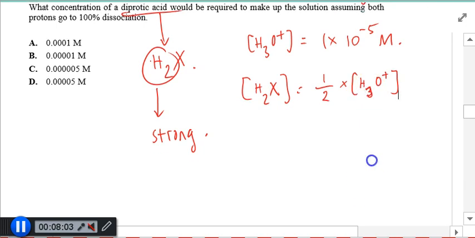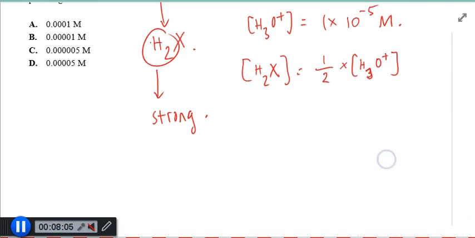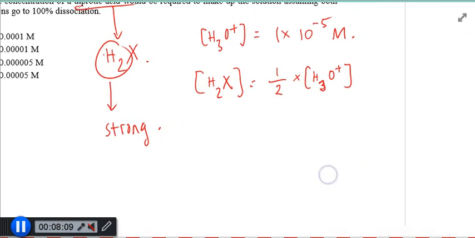Because we know that this acid will give off 2 protons each, that means overall we would have half as much acid required to get that amount of hydronium. That's the logic behind this.